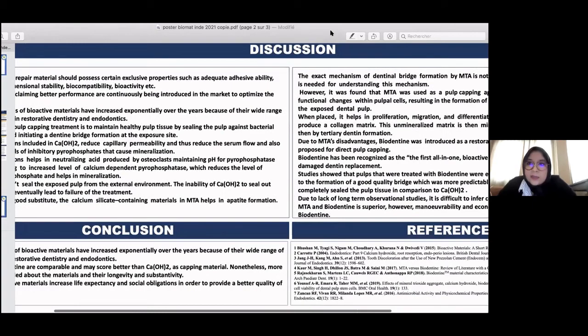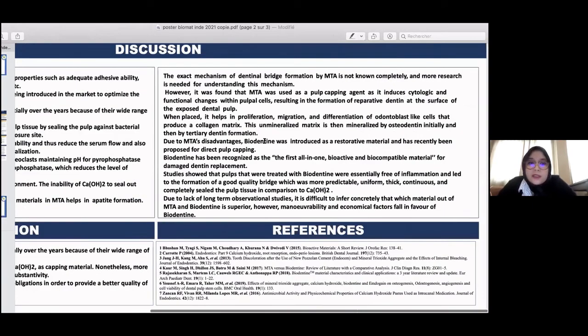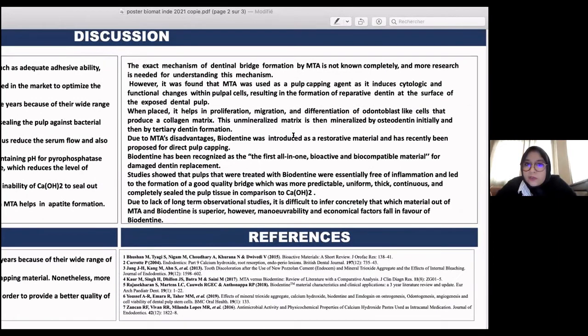The exact mechanism of dentinal bridge formation by MTA is not known completely, and more research is being conducted and is needed for understanding this mechanism. However, it was found that this product used as a pulp capping agent induced cytological and functional changes within pulpal cells, resulting in the formation of reparative dentin at the surface of the exposed dental pulp.